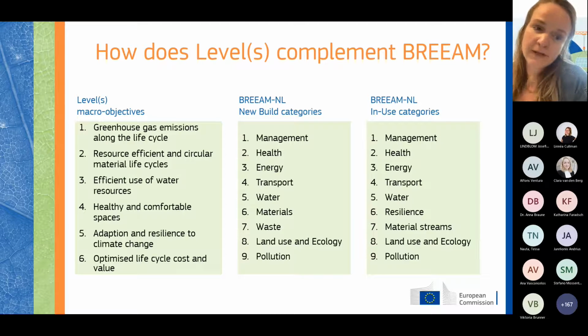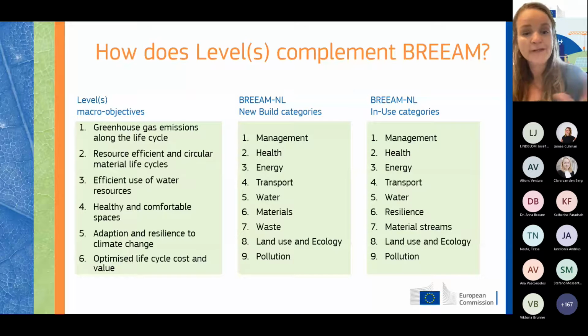So if you look at the first one, greenhouse gas emissions, that's materials and energy. Resource efficiency is also in materials. Well, water is water, health is health. And so you see that all the different macro objectives are also in BREEAM.